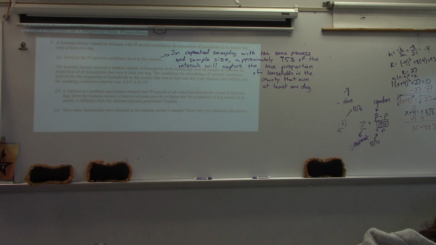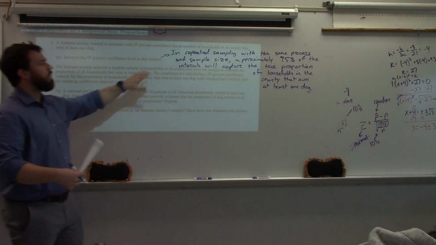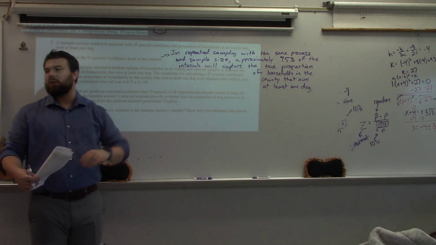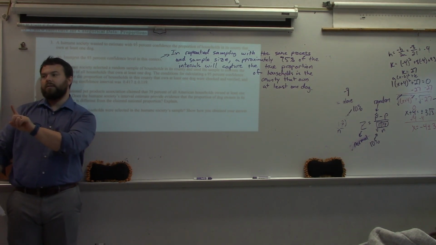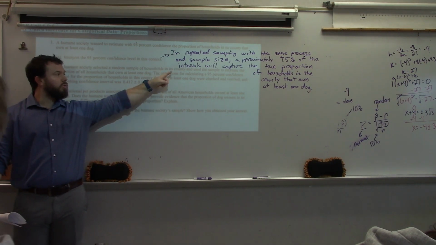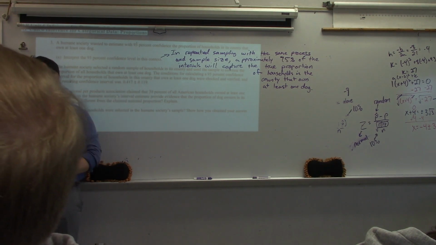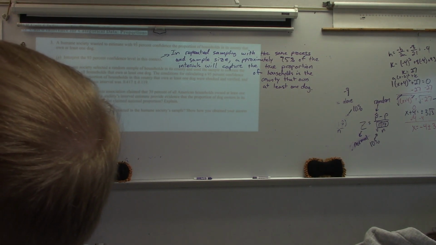So the interpretation of the confidence interval is we are 95% confident in capturing the true parameter. Why? Because the confidence level is interpreted this way. A confidence interval is one interval, but we are confident in it because in the long run, 95% of those intervals will capture.